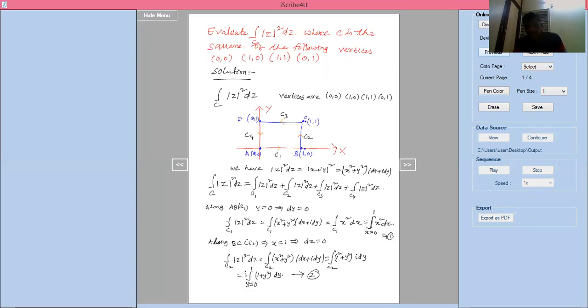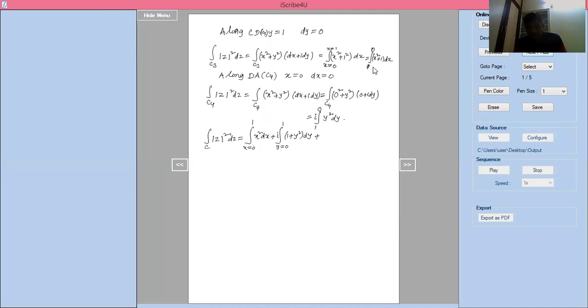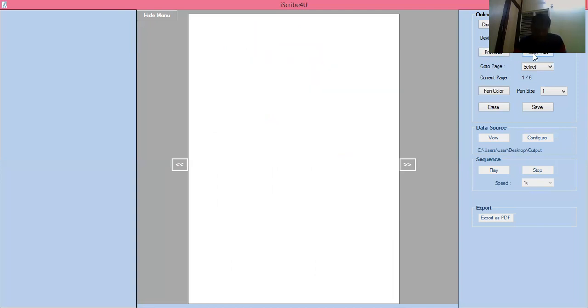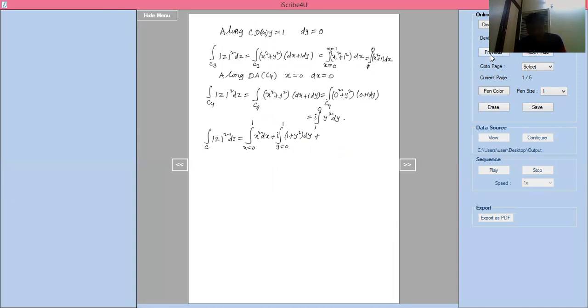C3 I already wrote: 1 to 0 of x square plus 1 into dx. Next, along C4, it is i into 1 to 0 of y square into dy.